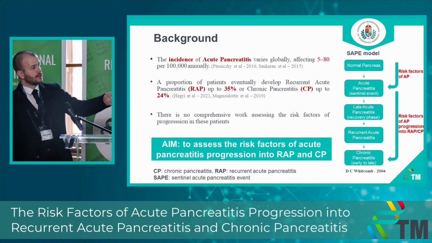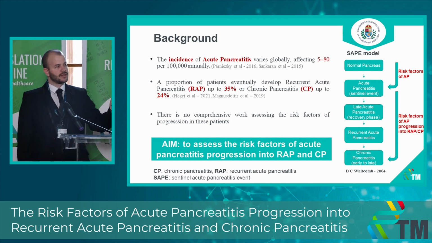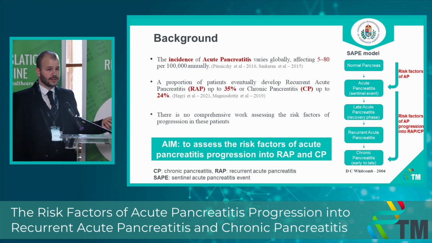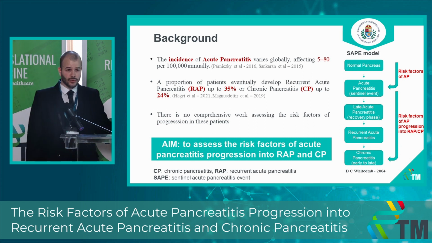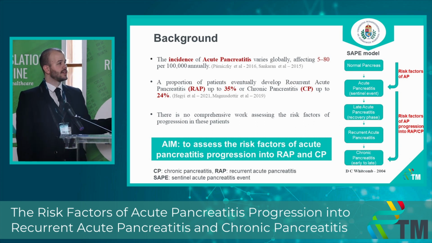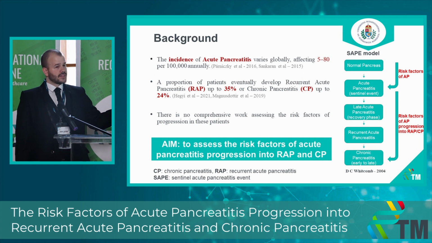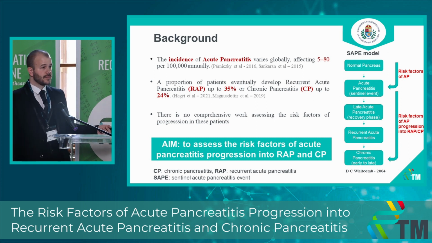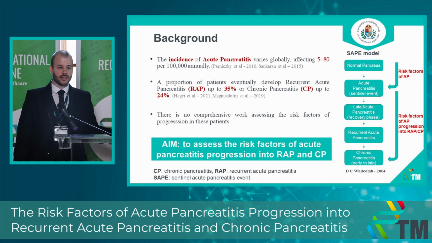On the right figure, you can see the sentinel acute pancreatitis event model by Whitcomb et al., which states that acute pancreatitis, recurrent acute pancreatitis, and chronic pancreatitis represent a disease continuum. Data on the risk of developing RAP and CP and factors affecting disease progression have been heterogeneous. However, in order to reduce this recurrence and progression rates, it is essential to know all the contributing factors of progression.